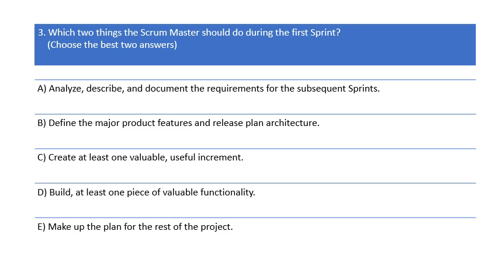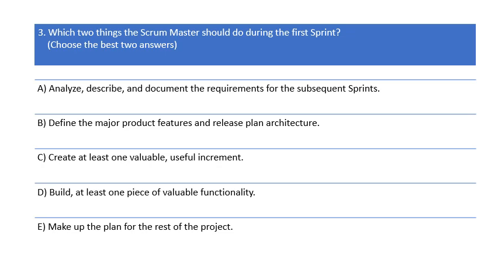Question number 3. Which 2 things the Scrum Master should do during the first sprint? Choose the best 2 answers. Option A. Analyze, describe, and document the requirements for the subsequent sprints. Option B. Define the major product features and release plan architecture.